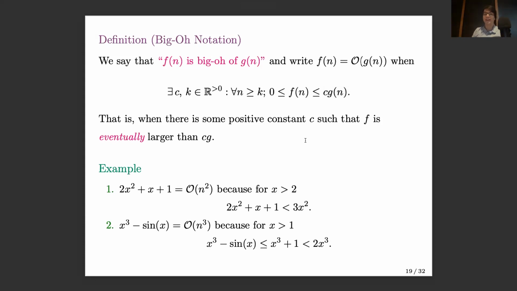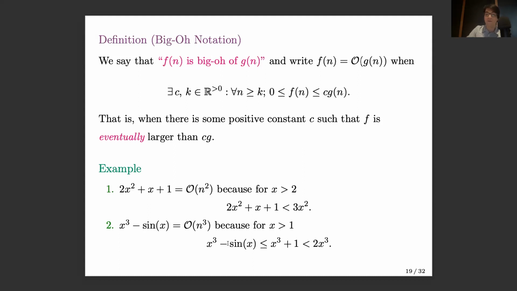So here are two examples. 2x squared plus x plus 1 is of the order n squared, because eventually 3x squared is always larger than 2x squared plus x plus 1, namely, when x is greater than 2. x cubed minus sine x is order n cubed, because x cubed minus sine x is always less than or equal to x cubed plus 1.